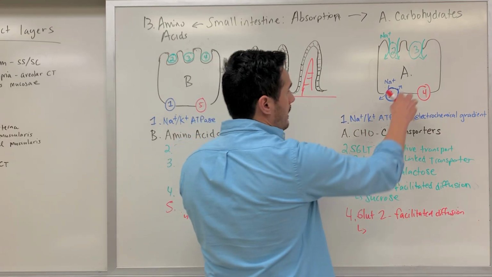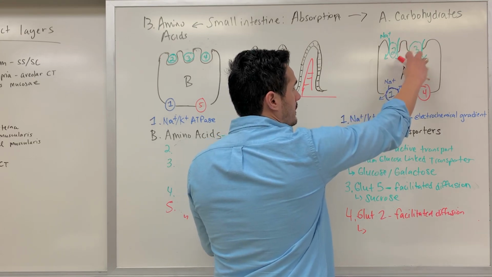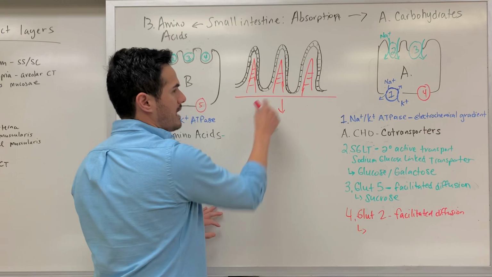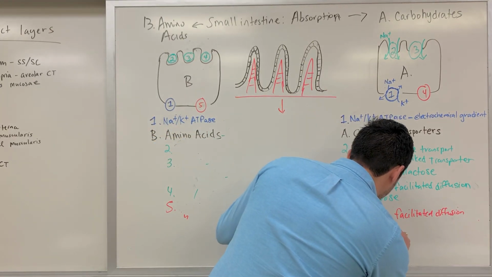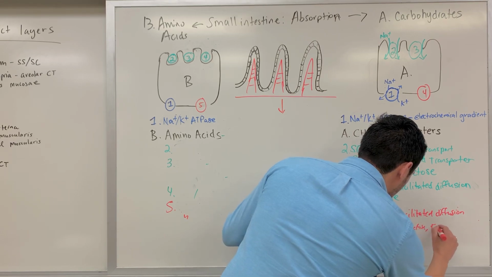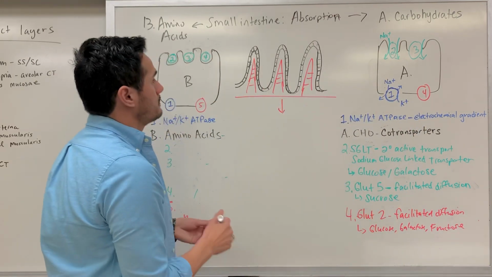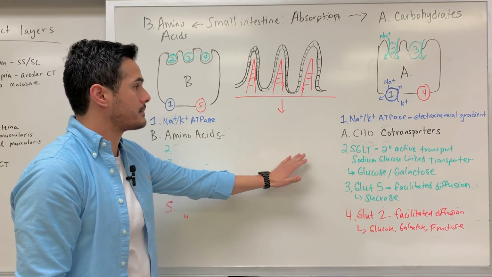Because now we have glucose, we have galactose, we have sucrose. So all of them are here in the cell, and now we have to get them out in order to get them here into the capillaries. So that's what this is. So we're transporting glucose, galactose, as well as fructose. Okay, so that's going to do it for carbohydrates.